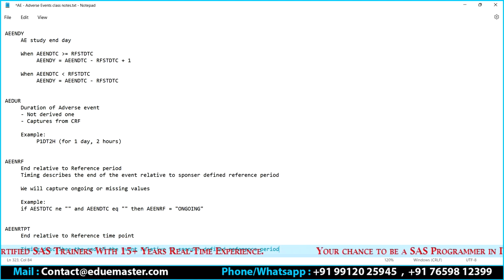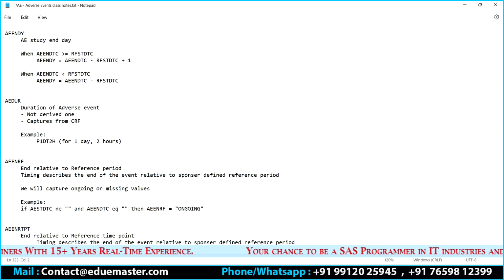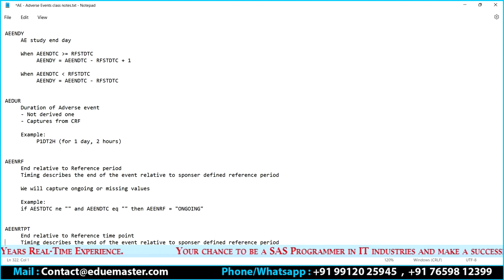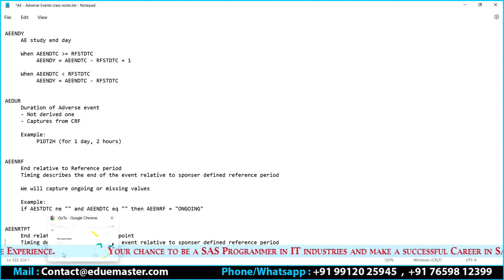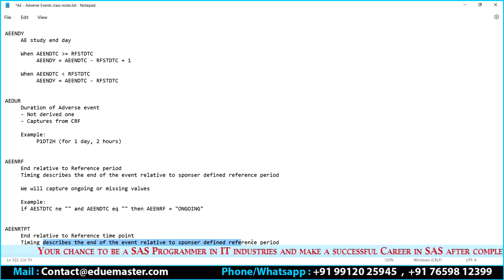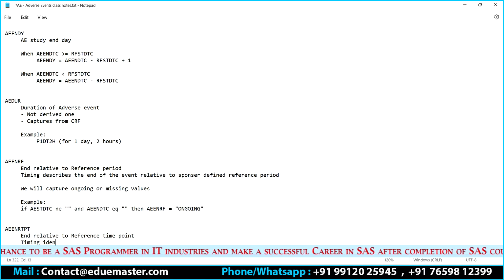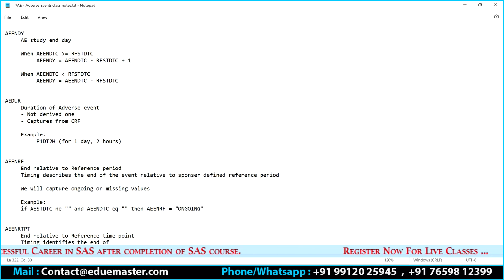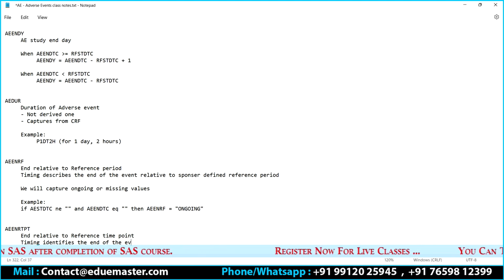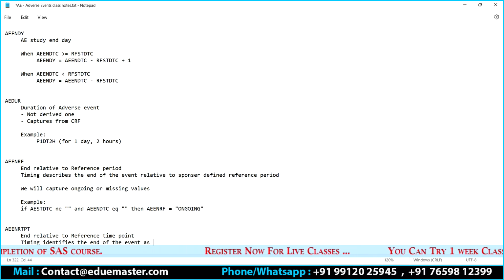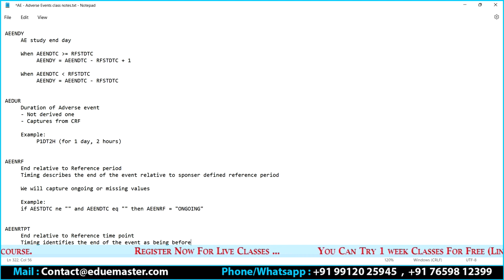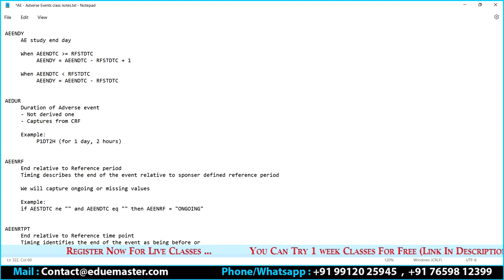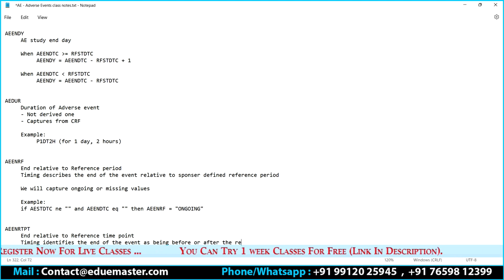It describes the relation to the reference. So the timing identifies the end of the event as being either before or after the reference time point.